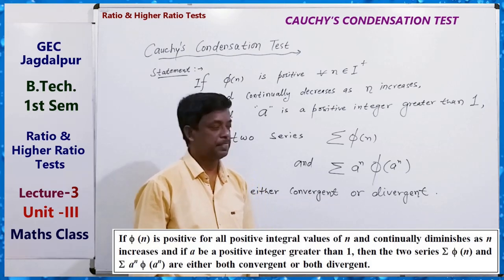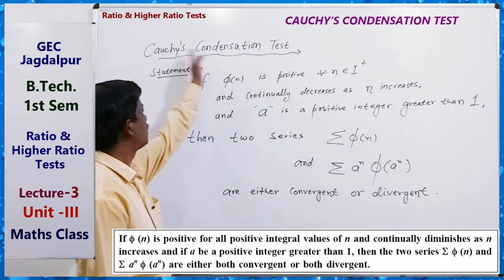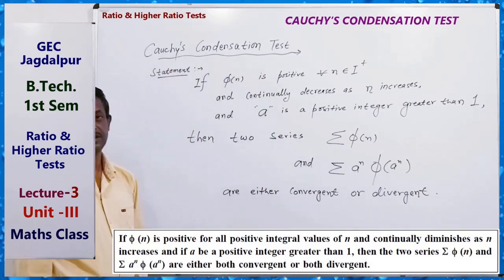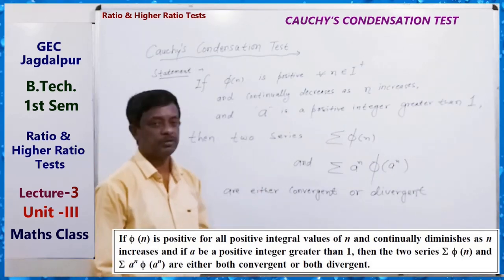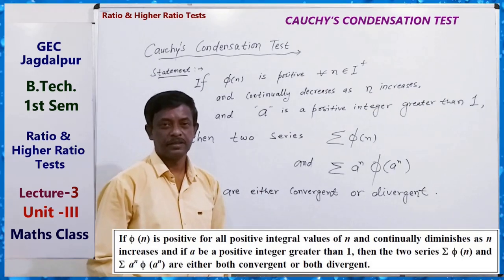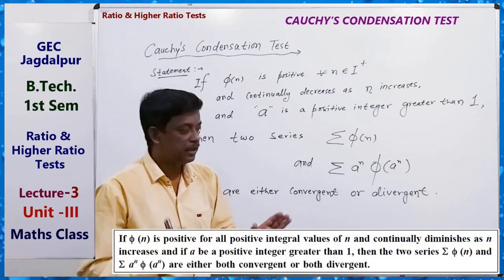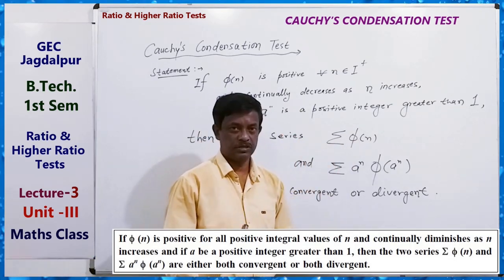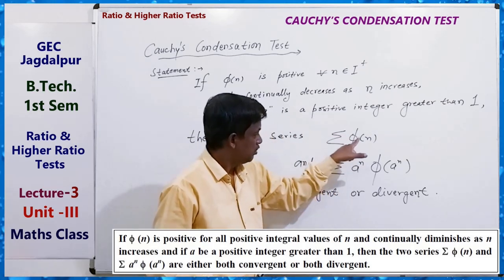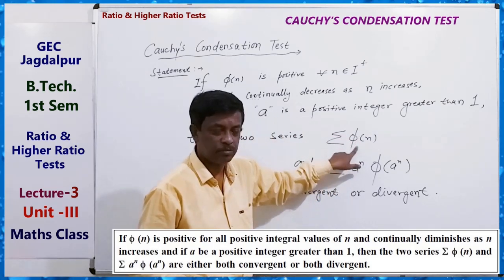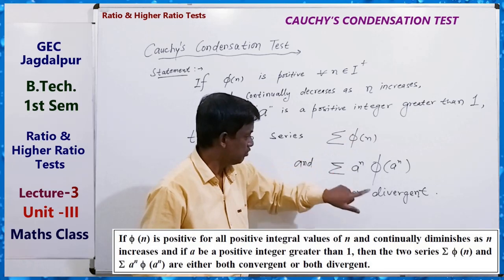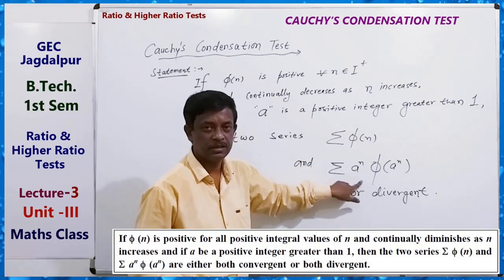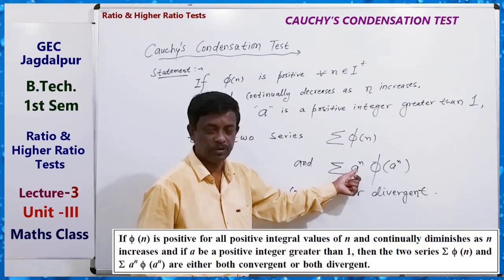Clear? So this is Cauchy's condensation test. By using this, you can solve questions. This is the given series, suppose. From this series, we can make a series, taking a positive number greater than 1.